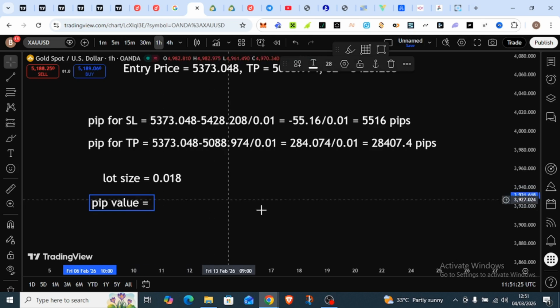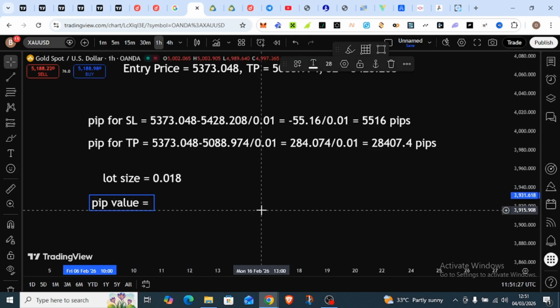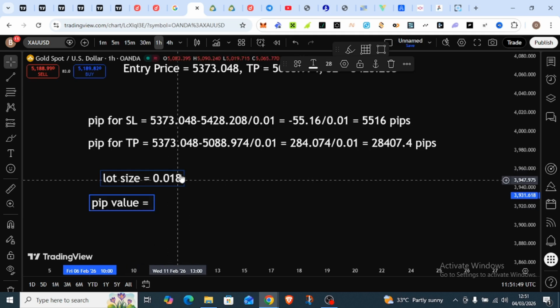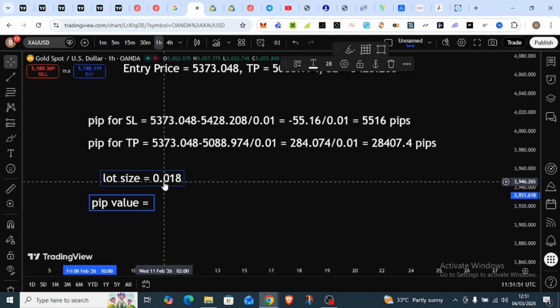So what we have now is lot size in ounces. But we already know that for us to convert this lot size to ounces, we'll multiply by 100.